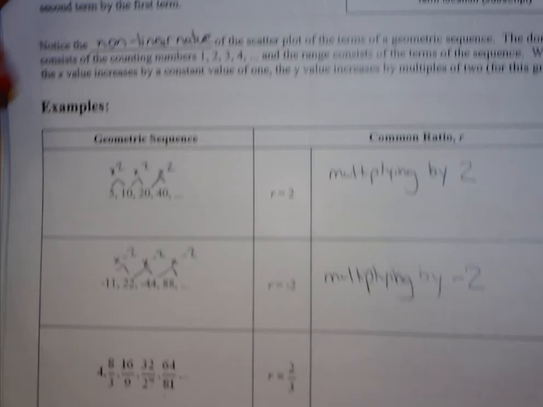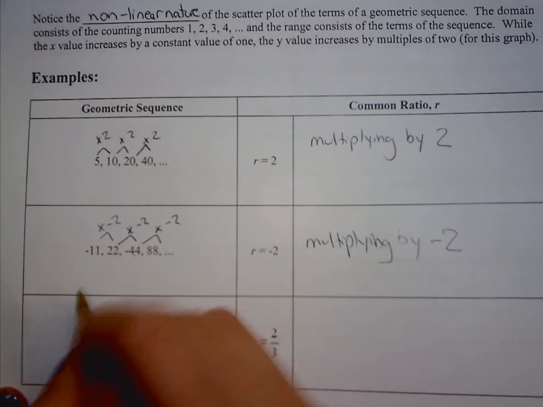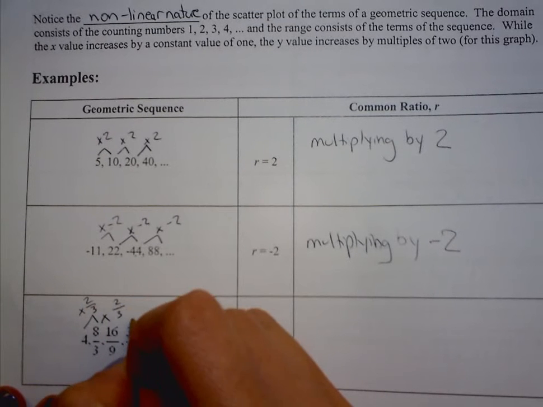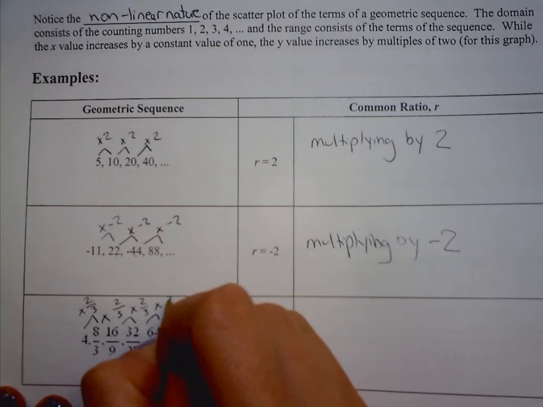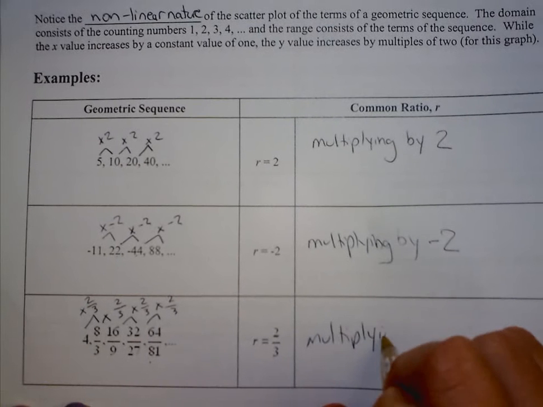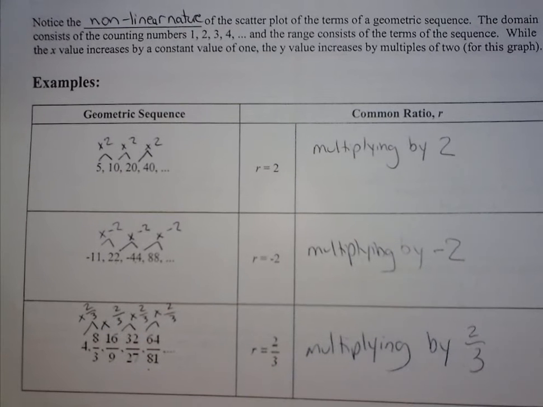And my third example here, I'm multiplying by 2/3. Alright, so that's how we figure out our common ratio.